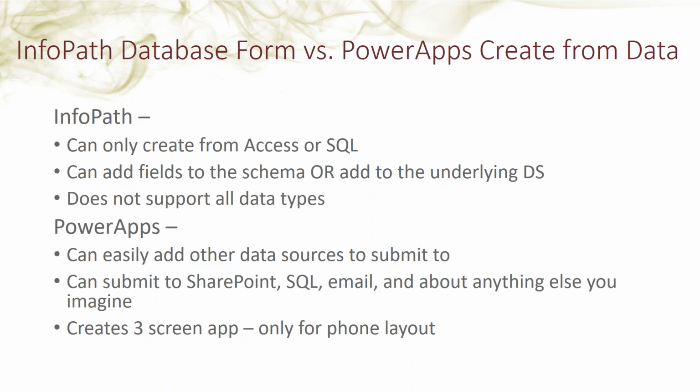So I could create my Power App and easily submit to multiple lists. I can submit to a flow from a button. I can submit data to an Excel file on OneDrive or Dropbox. Just about any of these data sources you can connect to, you can submit to. Do you need to have some knowledge about how to do that? Yeah, sure.